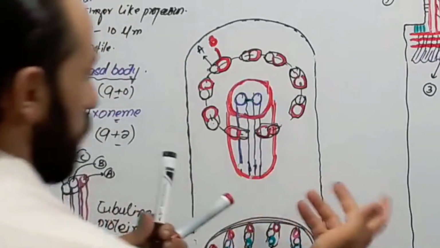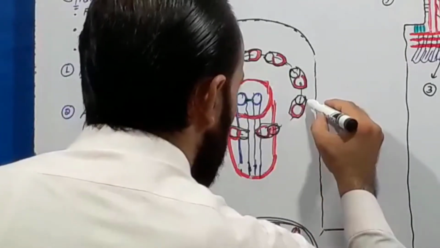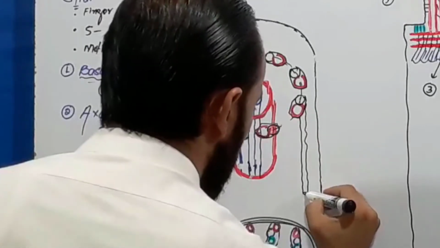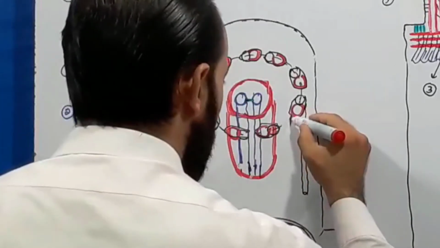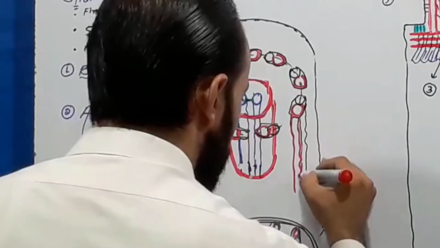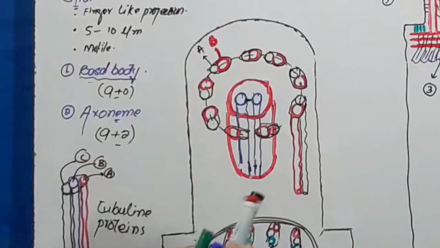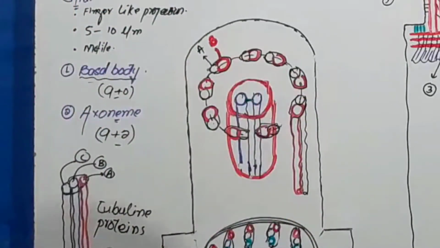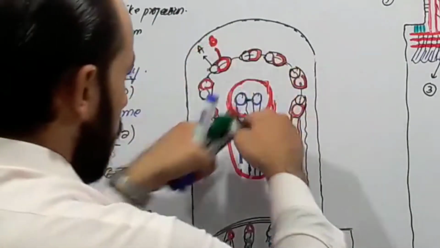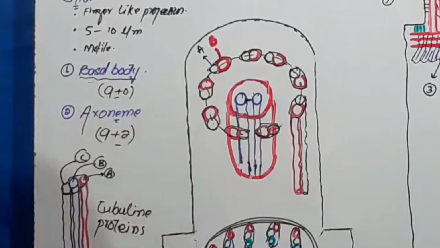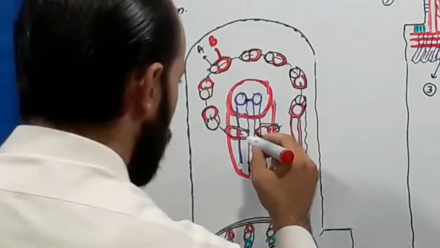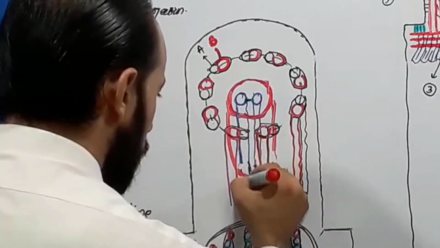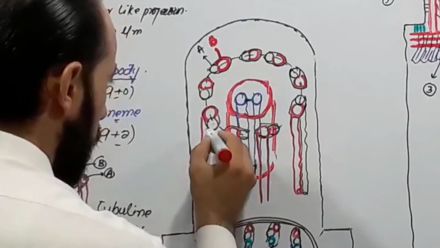And what is this structure really? If you want to know, this structure will be like this, right? So this is the black one, which is the A component, and this is the red one, which is the B component. So all these fibers, like these markers which I am holding in my hand, will go up up up and up, right? So this makes the axoneme. In the structure of the axoneme, what do you see? Look, I will draw this one also and this one also, and again this one.